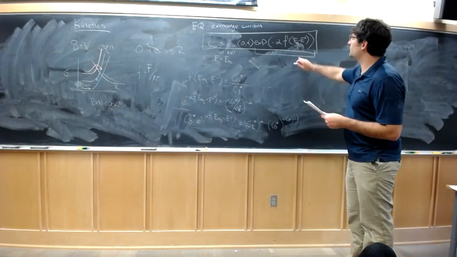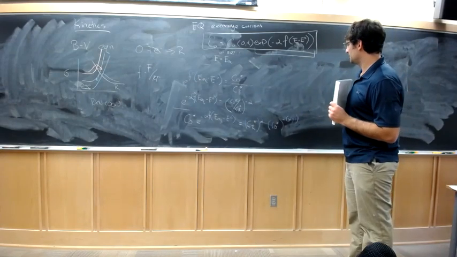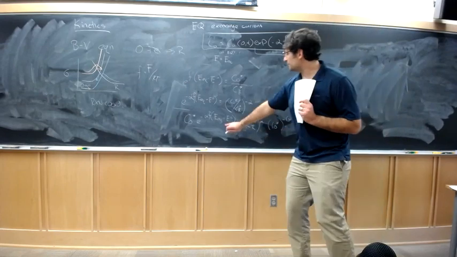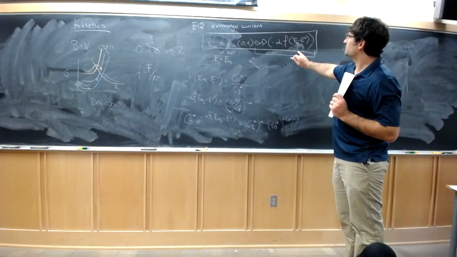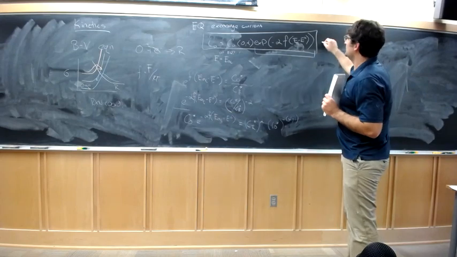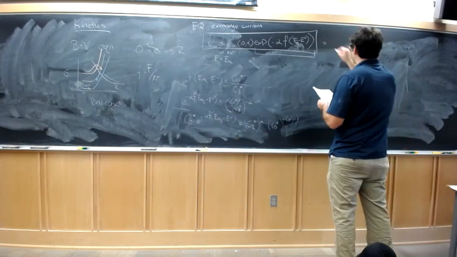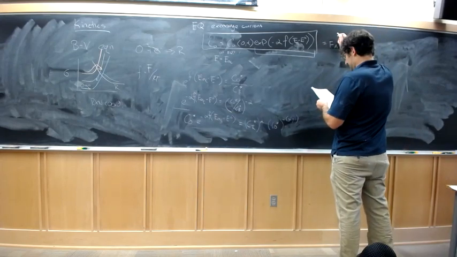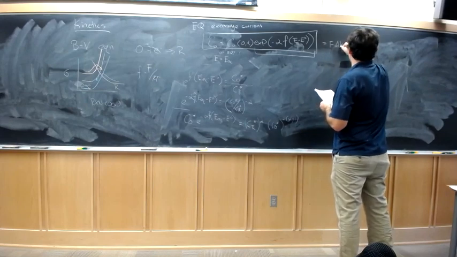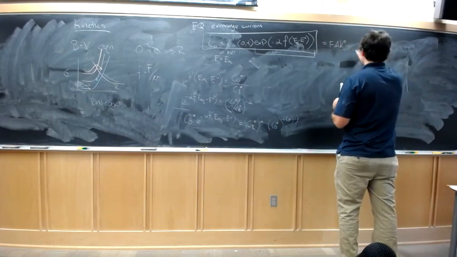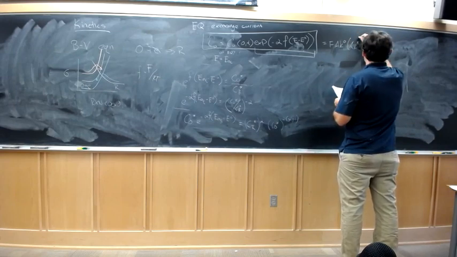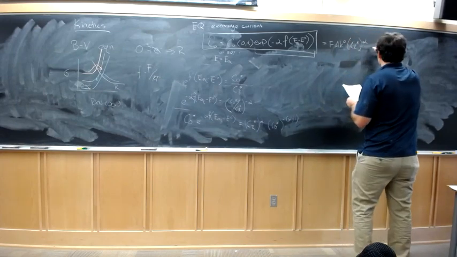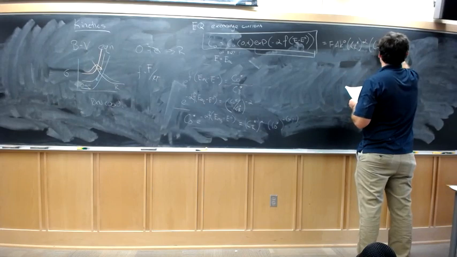And then I can take my equation for I naught. I actually now have an expression here that I can plug in here. So I can say equals F A K naught CR star to the alpha CO star to the 1 minus alpha.